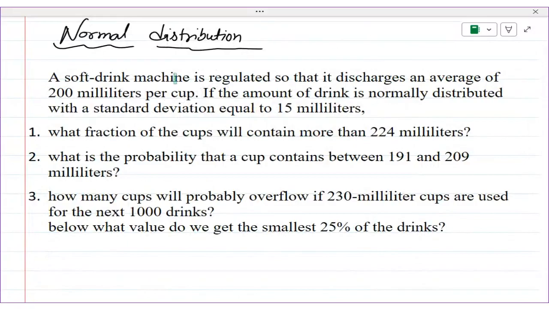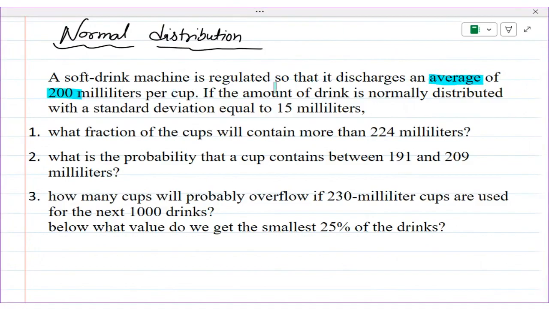A soft drink machine is regulated so that it discharges an average of 200 milliliters per cup. So we are given the average of 200 milliliters per cup.